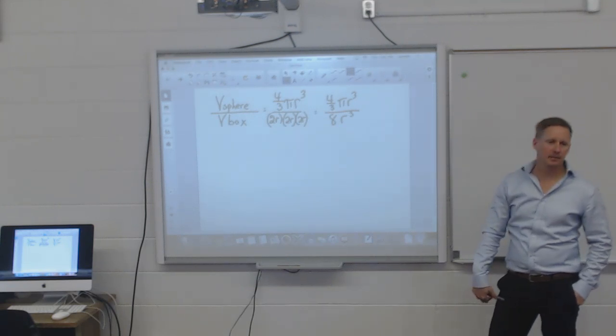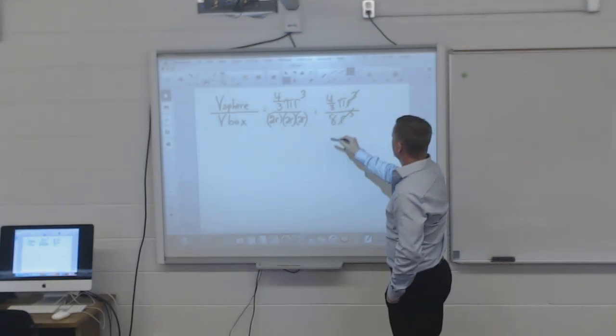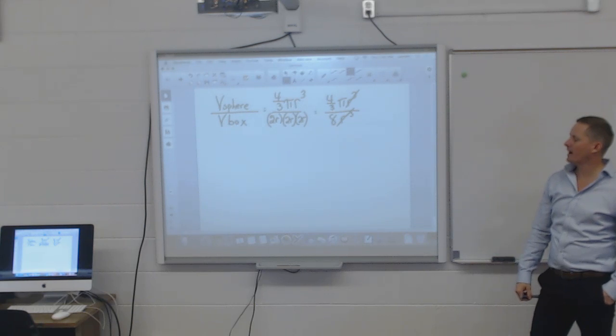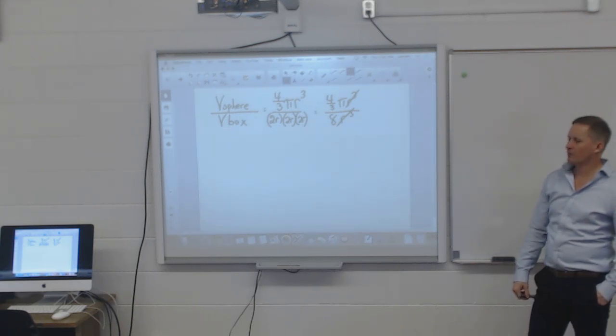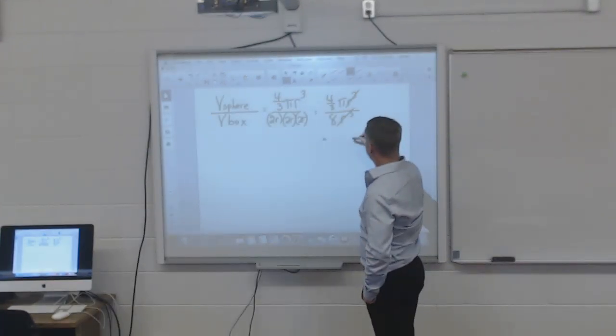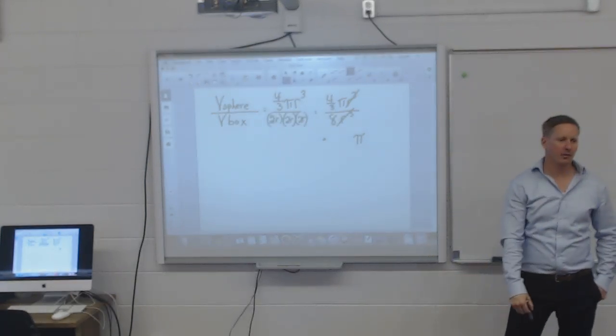Alright, what can I cancel to begin with? R cubes cancel, so no longer have variable. So now I have to reduce 4/3 pi over 8. Okay? We'll leave the pi as part of our answer. Now I need to know what 4/3 over 8 is.